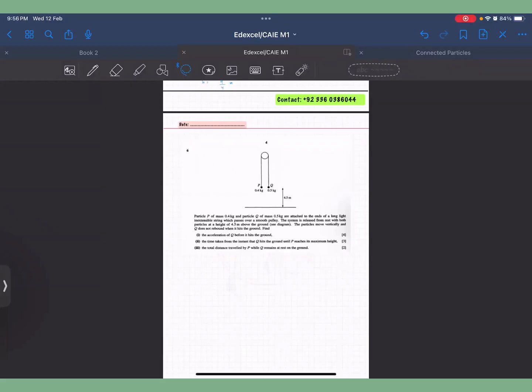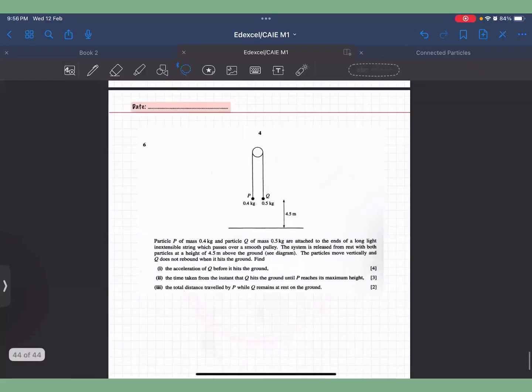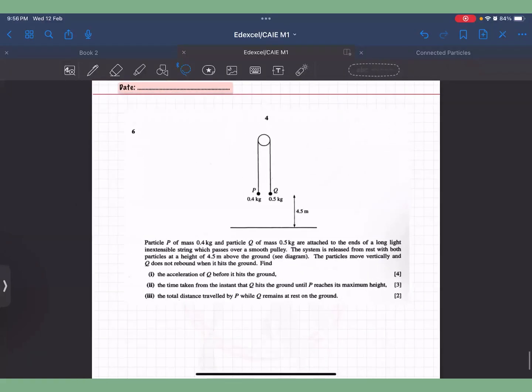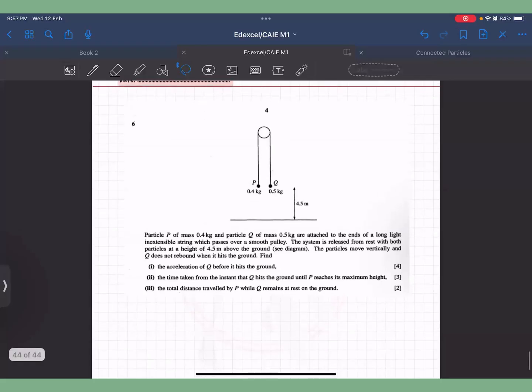You'll have to use your mind every time. You won't get the same situation every time. The values would be different. Sometimes you can get an inclined plane as well. So they can involve everything combined together. They can involve friction as well. So you have to keep everything in mind. This is simple basics. You can feel everything in front of you in your mind and do it properly.